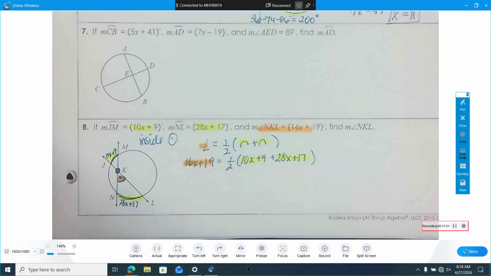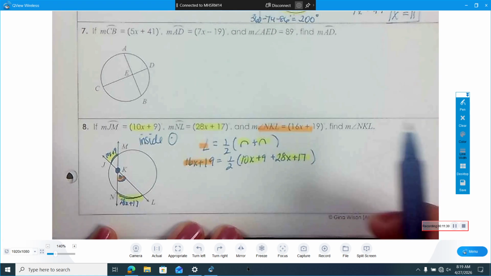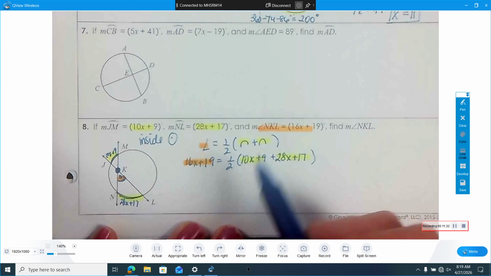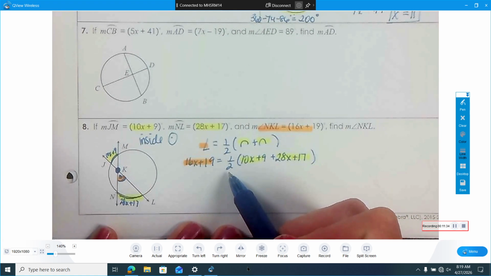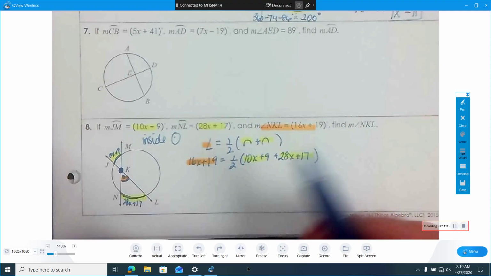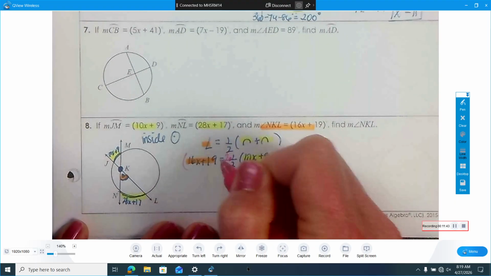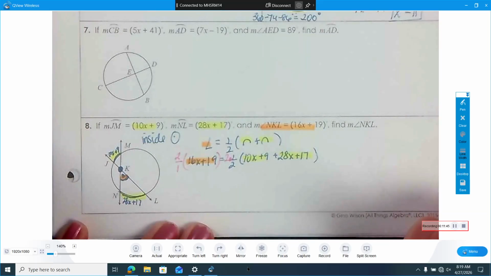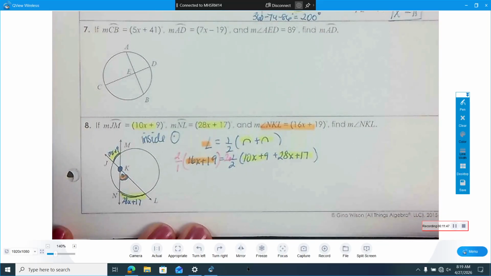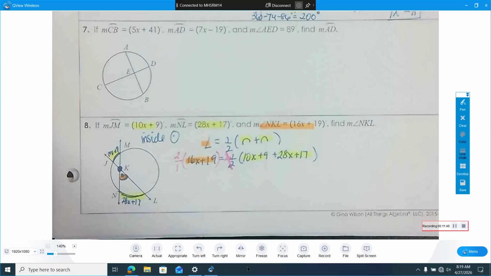So that is how we keep that straight. Can I do something to get rid of the half here? Yes, because I don't want to distribute a half, but I can multiply by the reciprocal. Multiply both sides by 2 over 1 to get rid of that 1/2. It's just going to make the algebra a little bit easier.